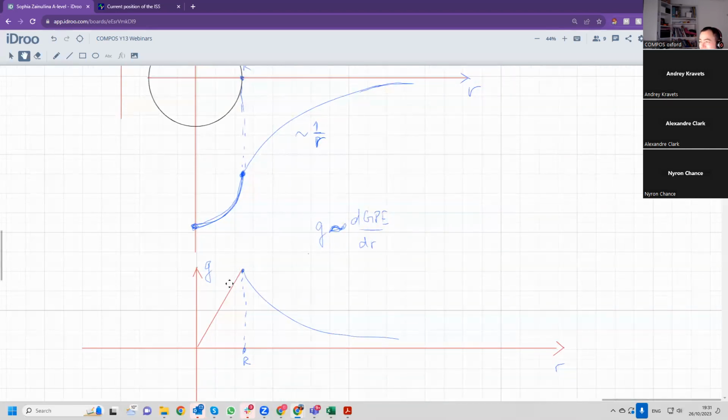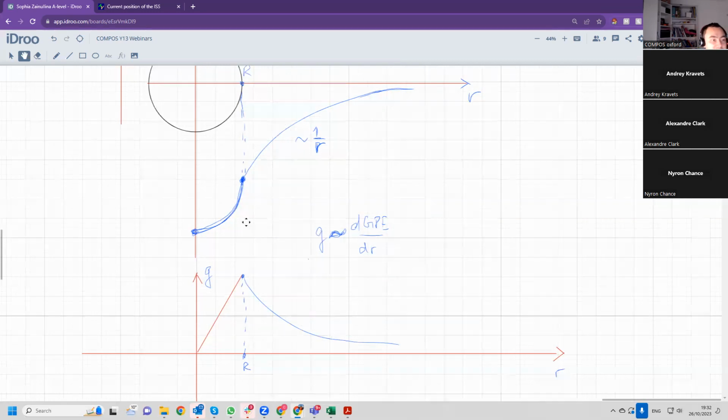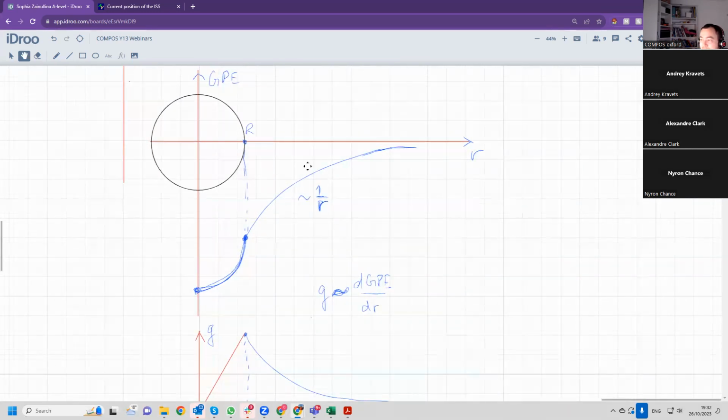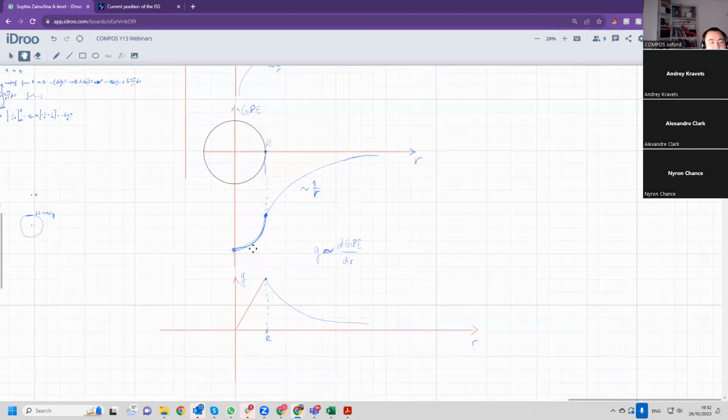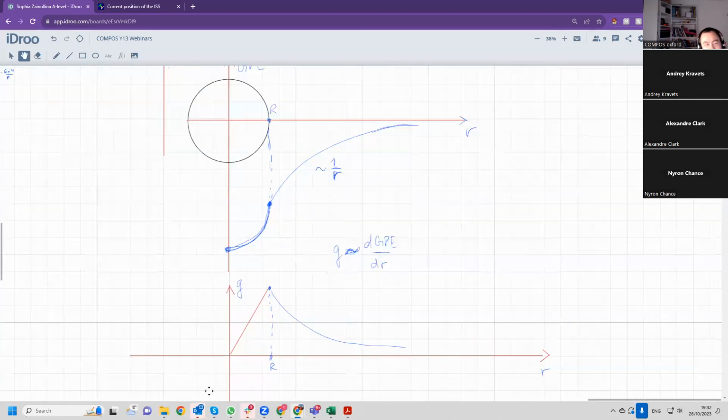Yes, you can add a constant so the GPE is continuous at R. Exactly, that's how you do it. So the derivative of a parabola is a straight line. That's why the gravitational field is a straight line.